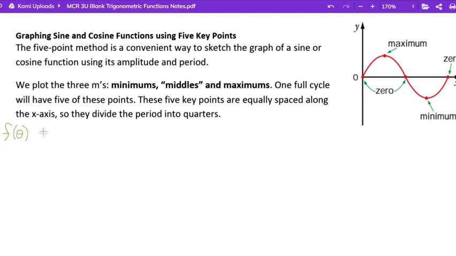So they gave it x. Okay, fine. So for y equals sine x, let's get some key points going.